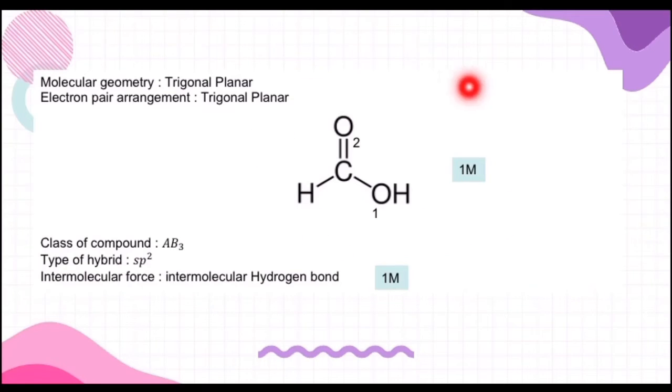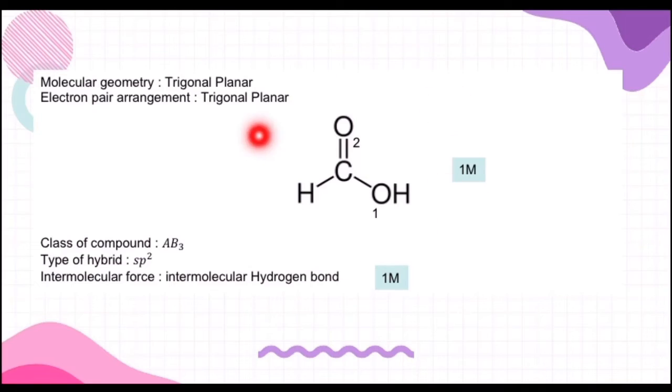Okay, so I redraw the structure here and I label it as O1 and O2. So the molecular geometry is trigonal planar for the whole thing, and the type of hybrid is sp2. Okay, the intermolecular force here in this molecule is intermolecular hydrogen bond around here.